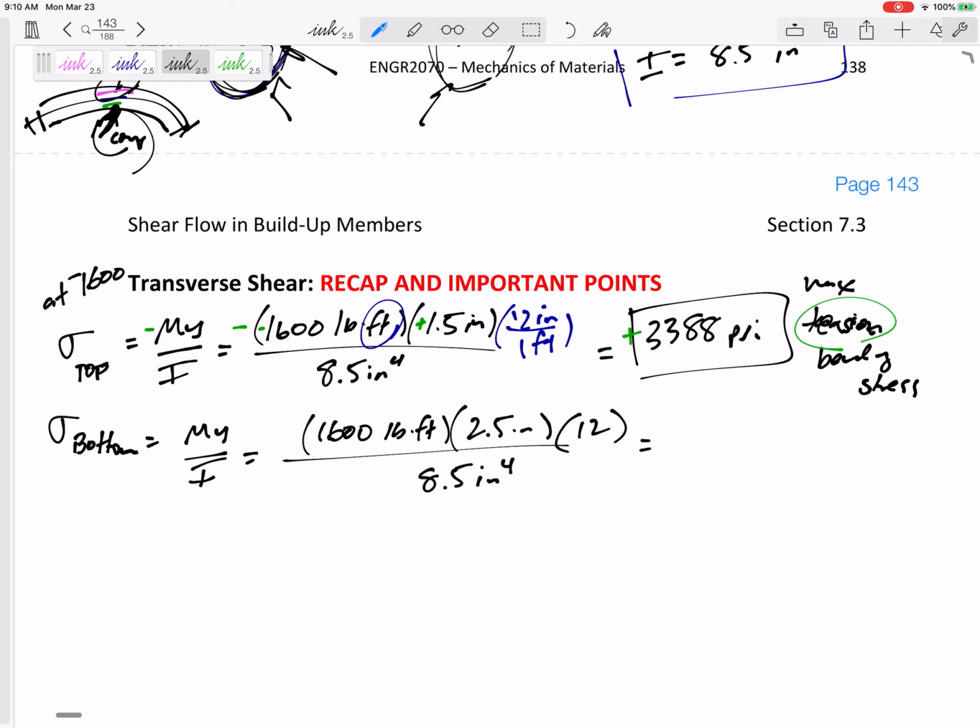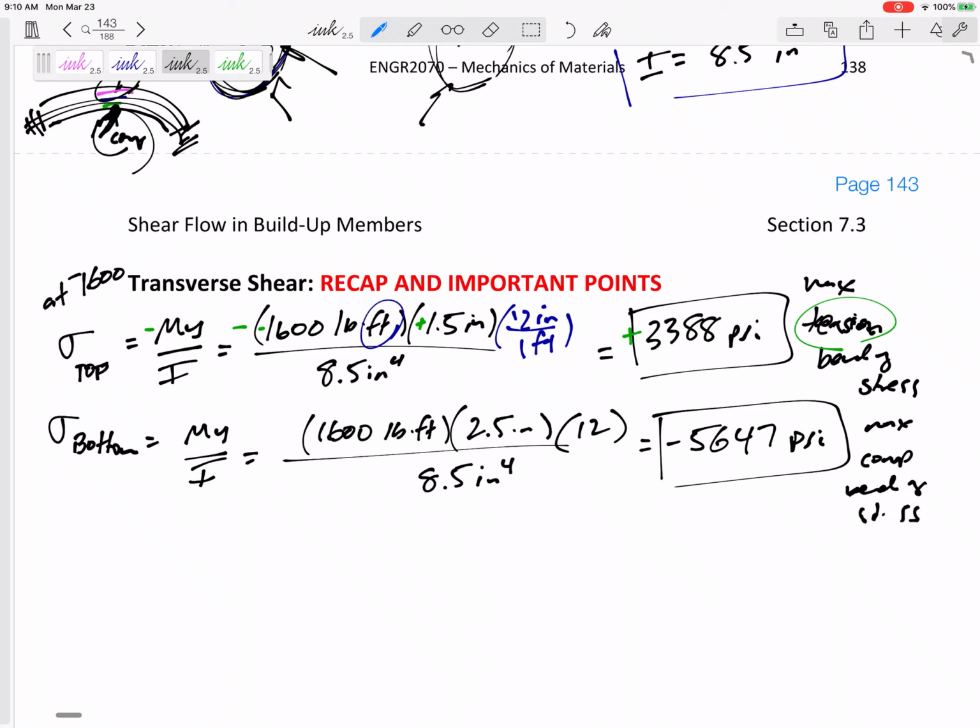This would be 5647 psi. Knowing that it's a negative moment, a frown, and underneath, on the bottom of the frown, this would be in compression. So let's put negative 5647. That is the maximum compressive bending stress.